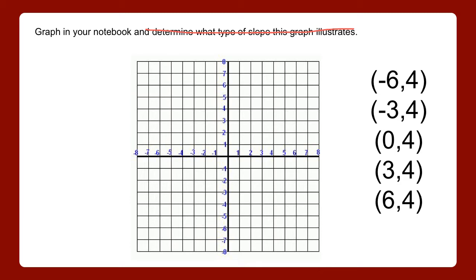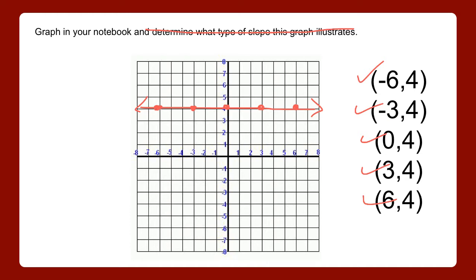First ordered pair is -6, 4, and that's going to be about right here. -3, 4 is right here. 0, 4 is here. 3, 4 is there. And 6, 4 is there. So I'm going to connect. If I went too fast for you, pause and get caught up.